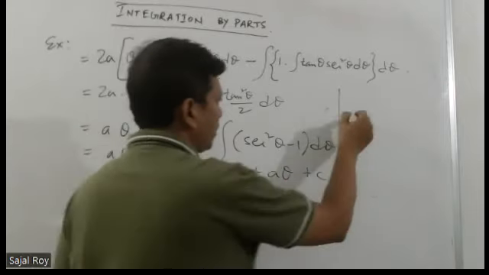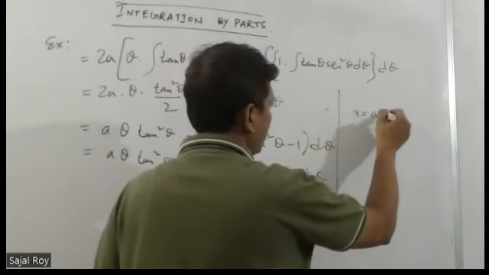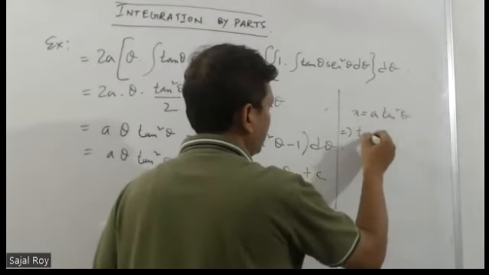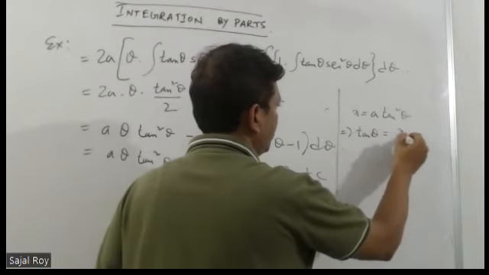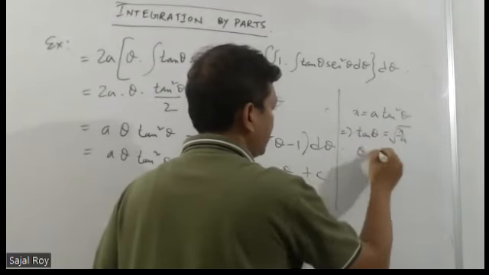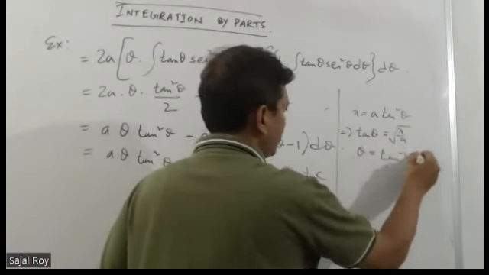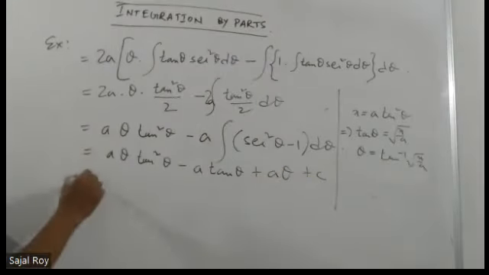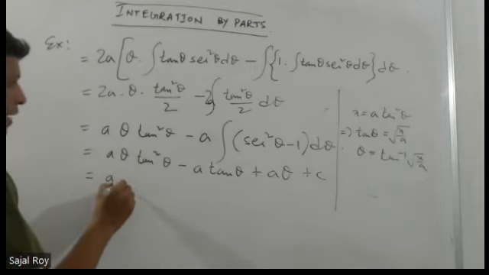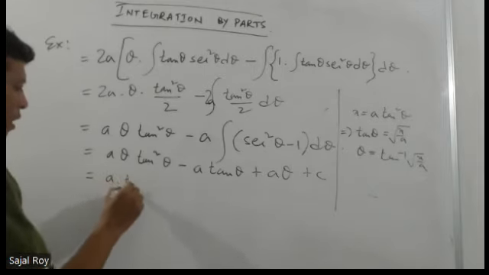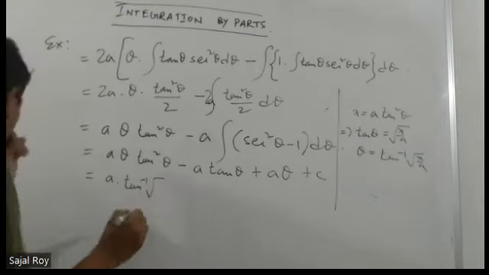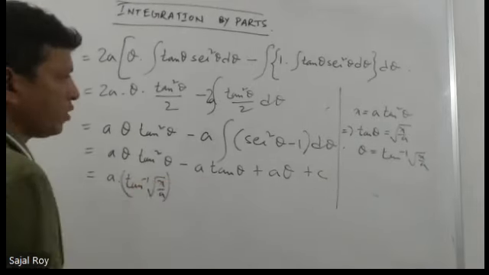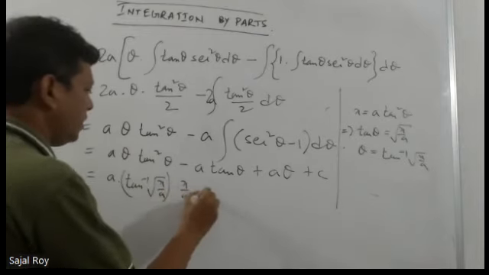What is your substitution? Your substitution was x equals a tan square theta. So tan theta is root over x by a, theta is tan inverse root over x by a. Okay, what is your tan square theta? x by a.